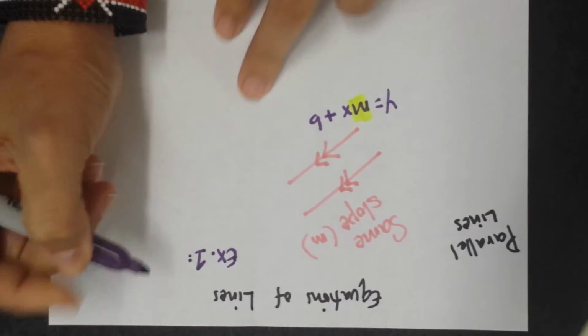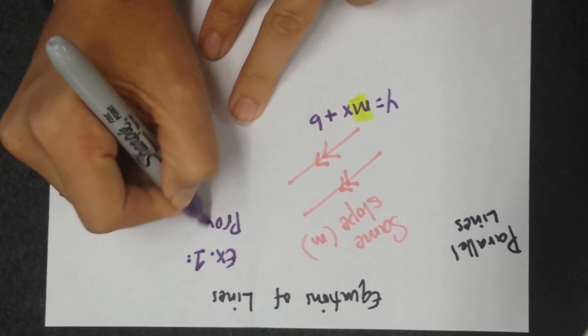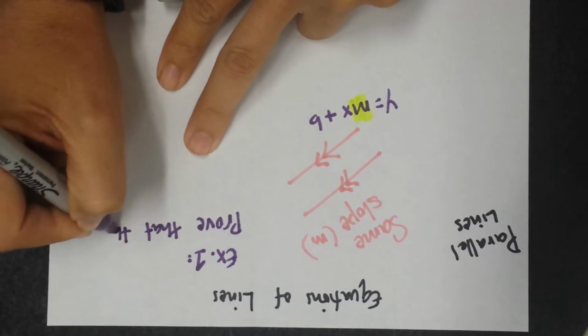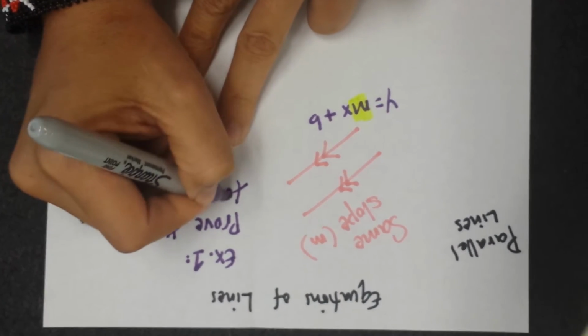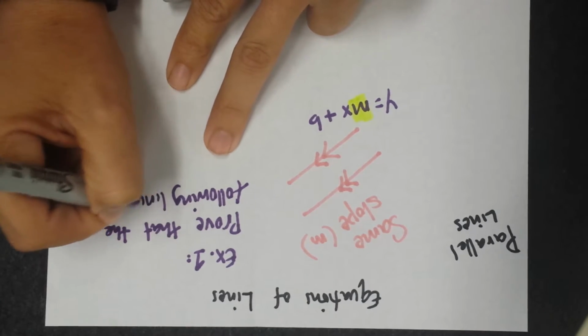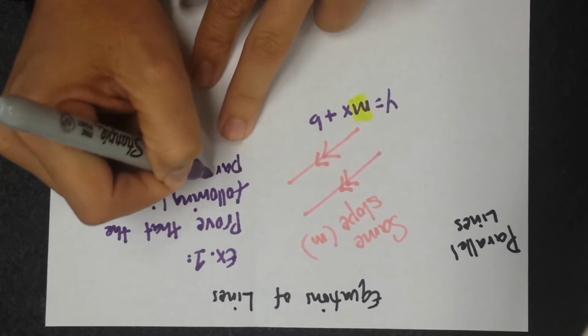Example 1. Prove that the following lines are parallel.